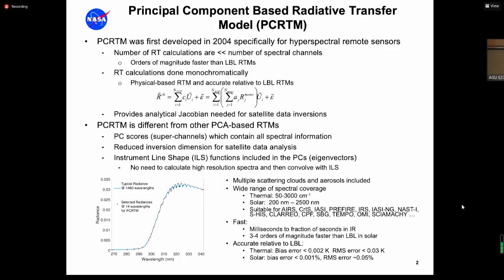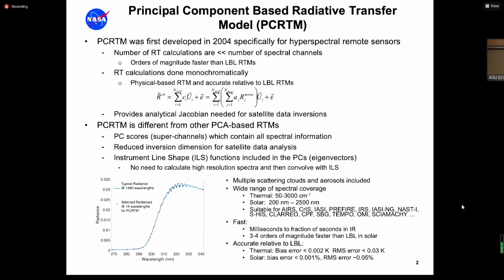The beauty of this is we can do radiative transfer monochromatically. So you don't have a polychromatic assumption, which is not valid. For example, with correlated-k, if you have an inhomogeneous atmosphere with multiple trace gases, the assumptions are not valid. But with this PCRTM, everything is physical. It's a physically based radiative transfer model, even though it's in the principal component domain.